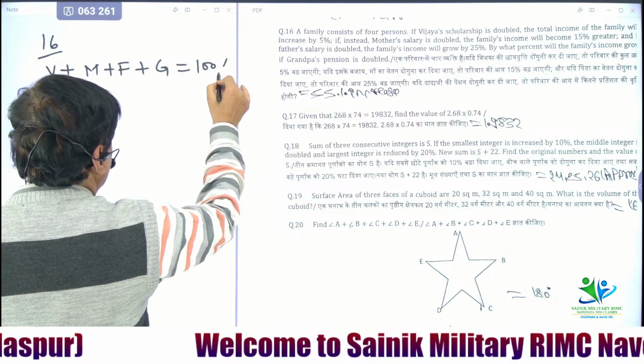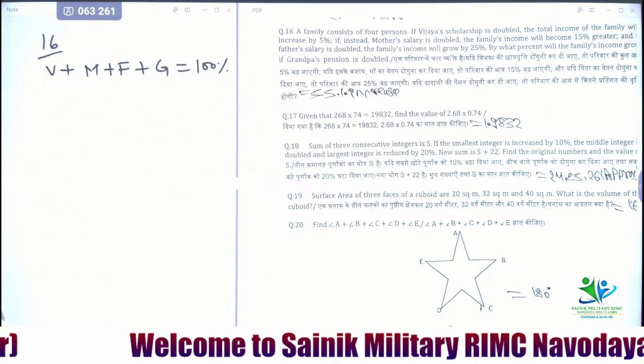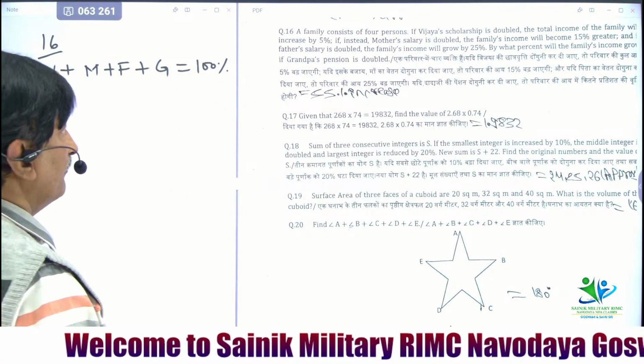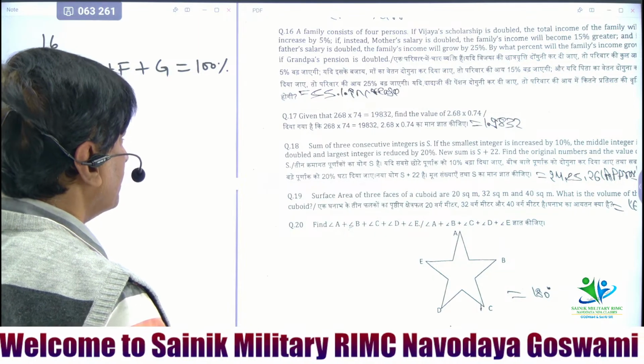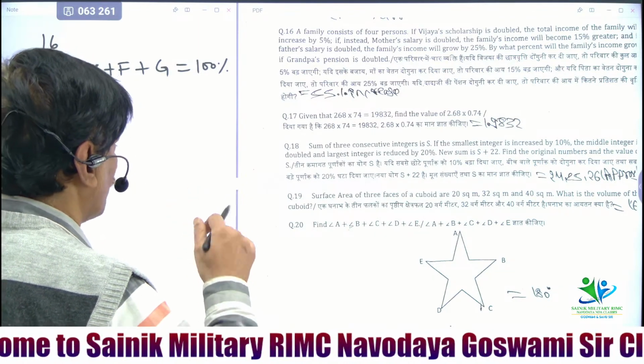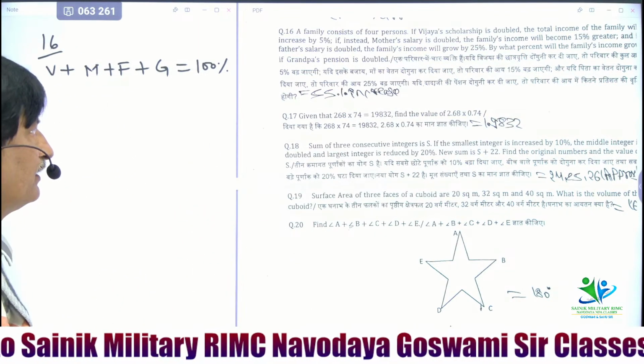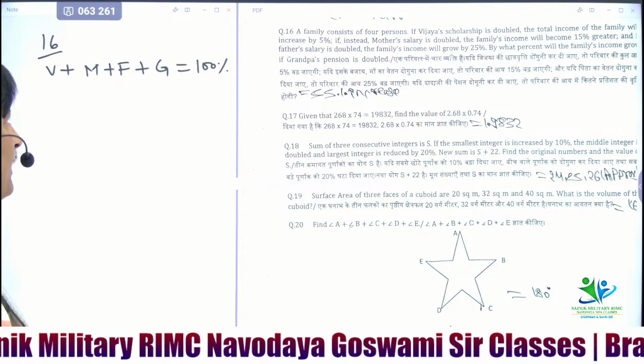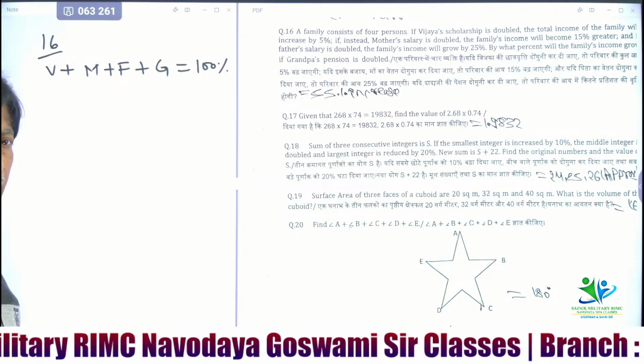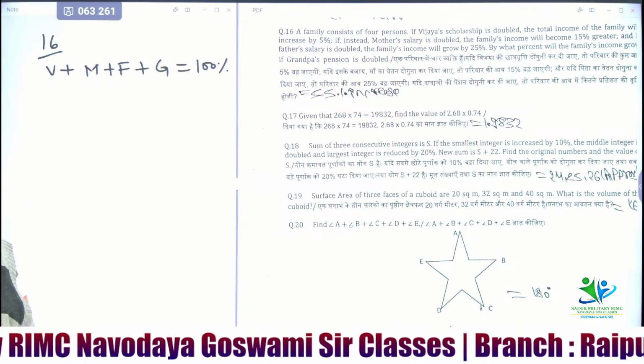Therefore, income is 100%. The sum of these 4 is 100%. But it is given in the question that if Vijaya's scholarship is doubled, then the income of the family increases by 5%. Total income increased by 5%.